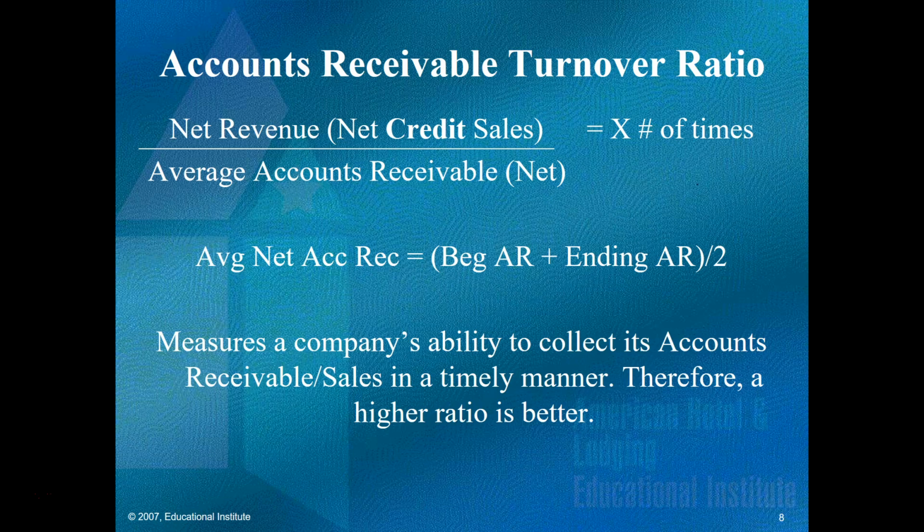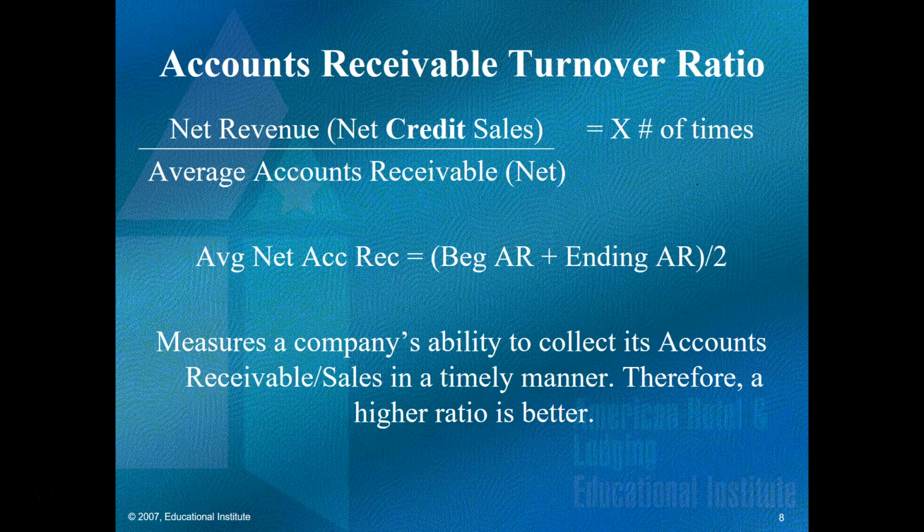Again, we're not going to include cash sales in this. Then we're going to divide it by average accounts receivable. Now, average accounts receivable is a really simple average. It's not a weighted average. It's simply beginning accounts receivable plus ending accounts receivable for the period that we're assessing, divided by 2.